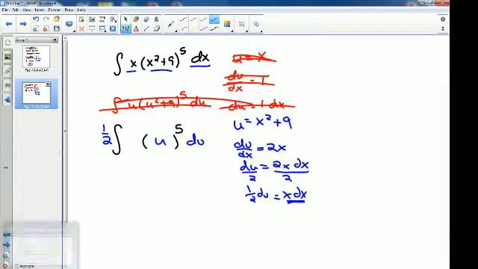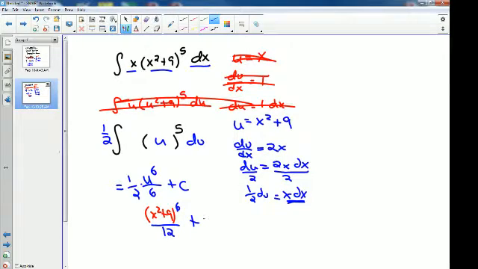So let's see, antiderivative of u to the fifth. And then resubstitute u back in. You got your integral.